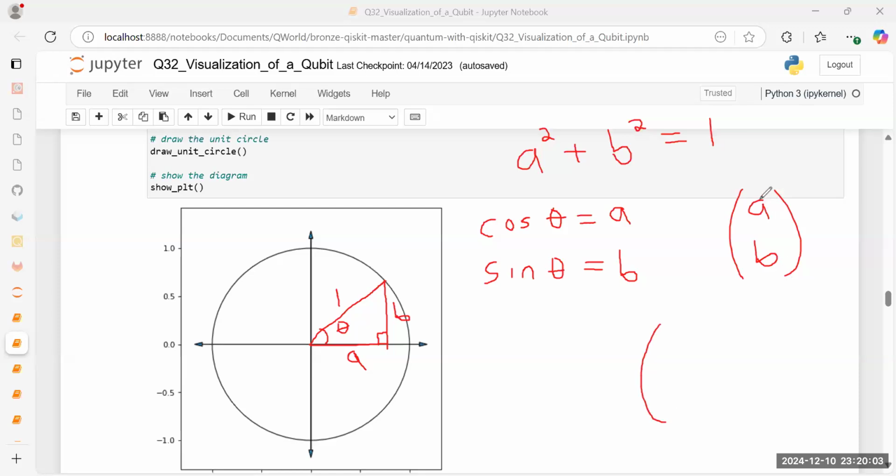So for our vector here, I can just replace A with cos theta, and B here with sine theta. Okay, so you can think of this as a general form for the quantum states we can have in a single qubit.